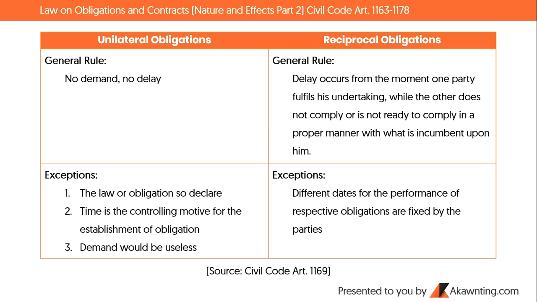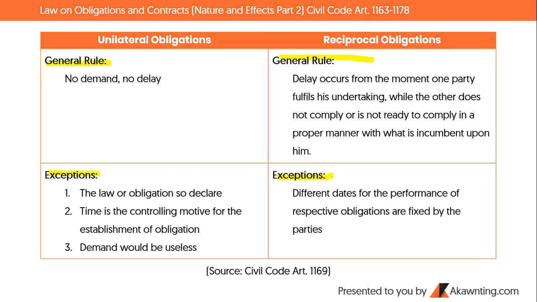There's no specific time or period when the corresponding respective obligations of the two parties will be made. Okay, so we have here general rules, okay, and the exemptions with regards to delay.